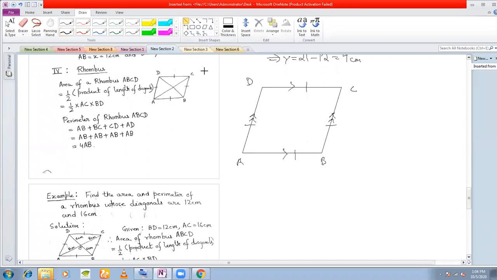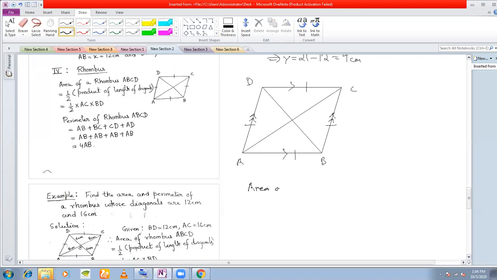Now, if AC and BD are the diagonals, the lengths of the diagonals of the rhombus, then the area of a rhombus is half into the product of the lengths of the diagonals.